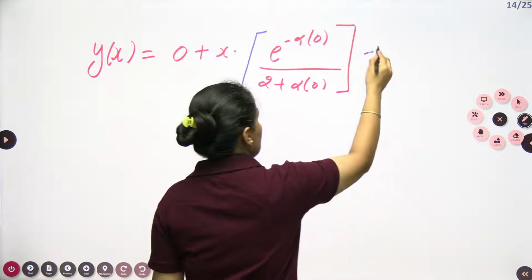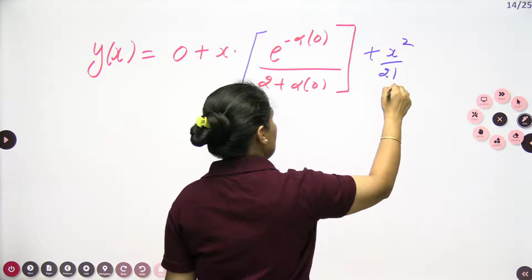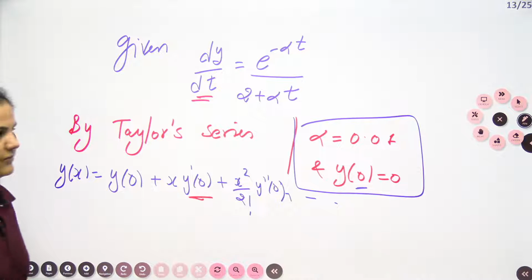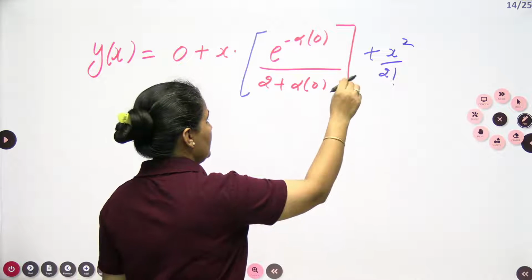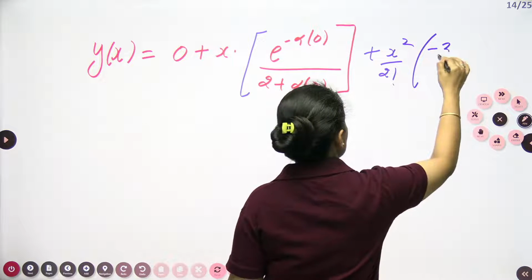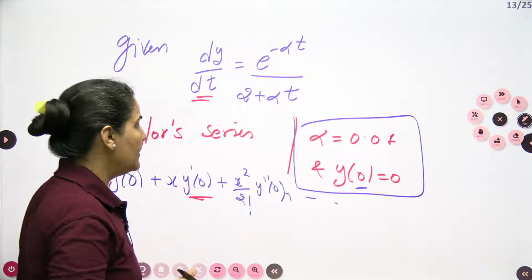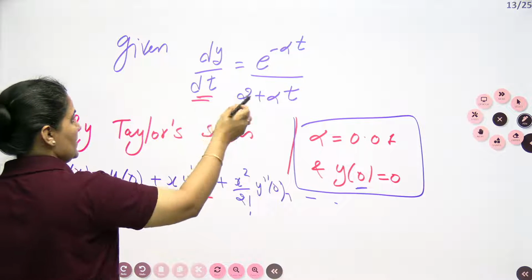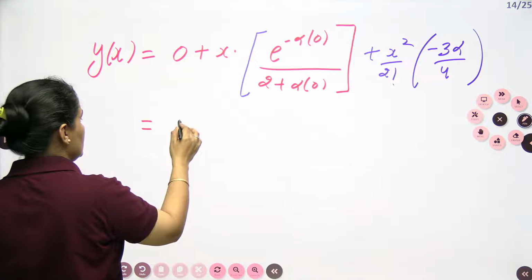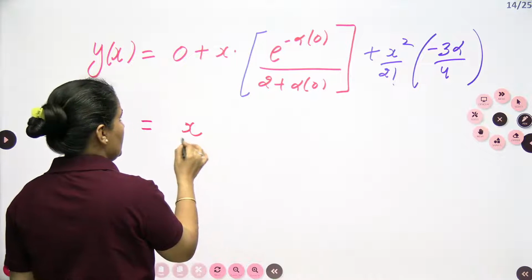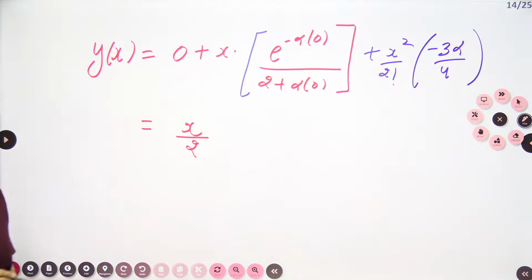Plus x square by 2 factorial, and if you want to go further, you need to differentiate the given one, and when you solve, this will be minus 3 alpha by 4, the double derivative. So minus 3 alpha by 4, because here this value will be 0 plus x, and this will be 1, so I am having x by 2 from the first one.